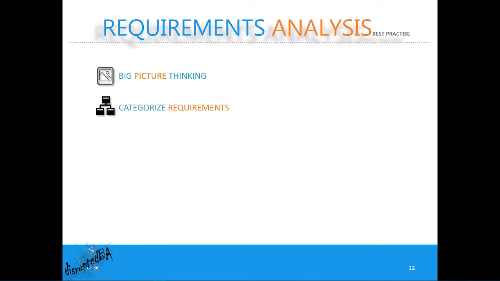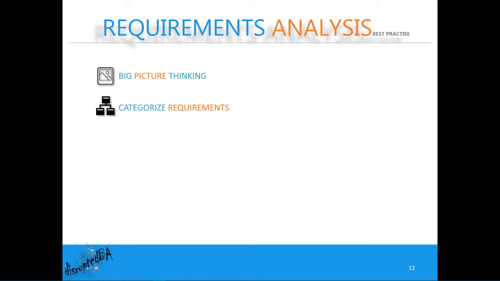Then we need to categorize requirements. You need to make a distinction between functional, non-functional, and transitional requirements, not because one is more important than the other, but just because it will help you to manage and keep track of these requirements properly, and also to understand the relationships.